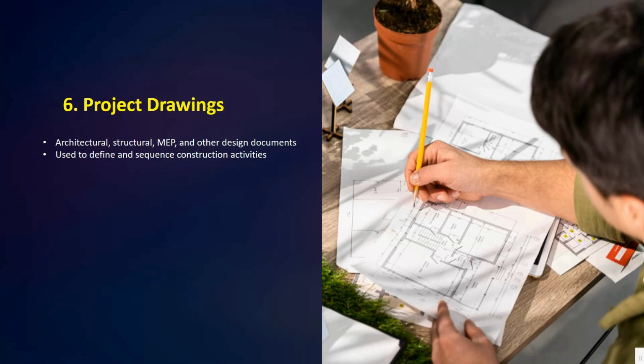Actually, drawings include architectural, structural, mechanical, electrical, and other design documents. Drawings define what needs to be built and in what sequence. So it is very important. The scheduler uses these drawings to identify activities, understand construction sequences, and align them with the schedule.